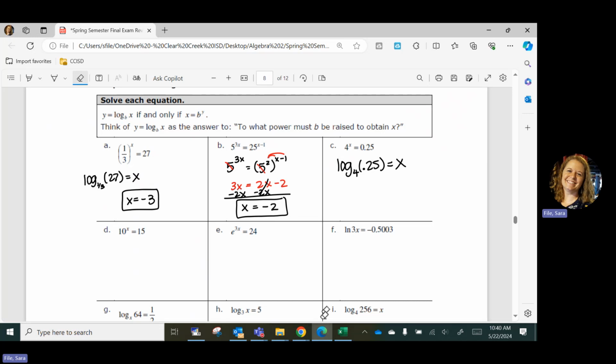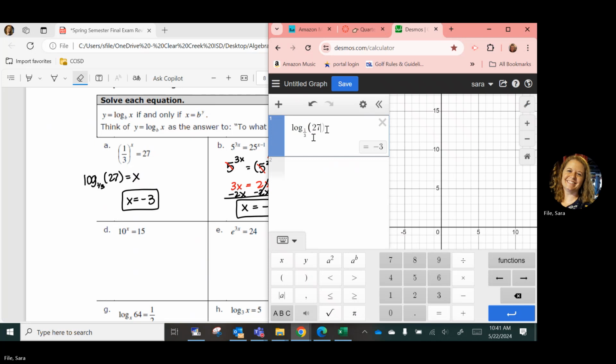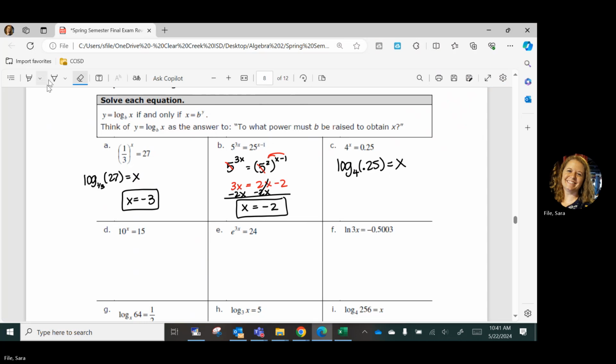So let's see what log base 4 of 0.25 is. It's -1. So use Desmos.